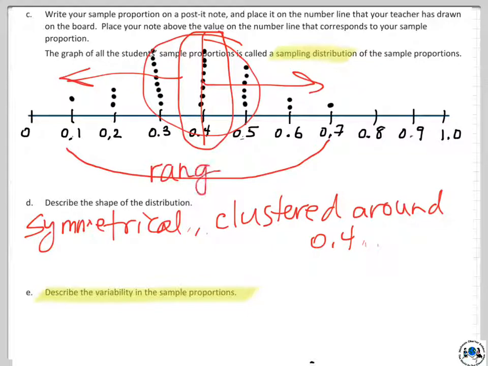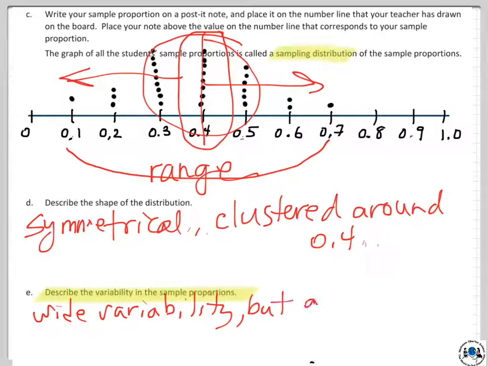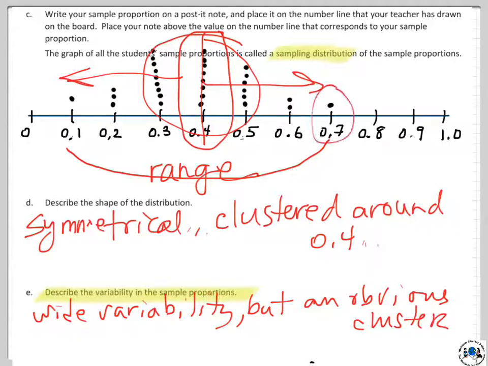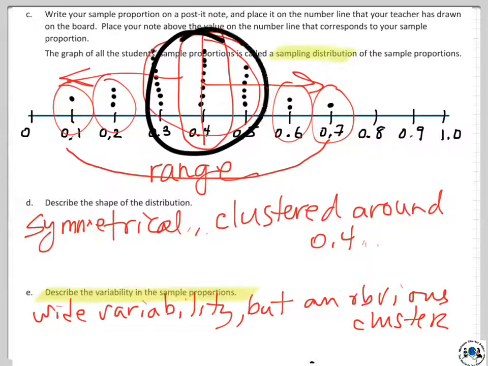It's a wide variability, but with an obvious cluster. It is variable. There's only one value here, one here, three here, two here, but most of them are, of course, right in this area here.